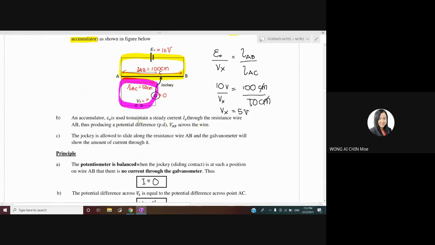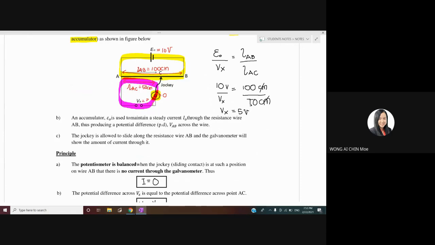At different points it will have a different potential difference. The jockey is allowed to slide along the resistor wire AB, and the galvanometer will show the amount of current through it. We need to find the point where the galvanometer equals 0.